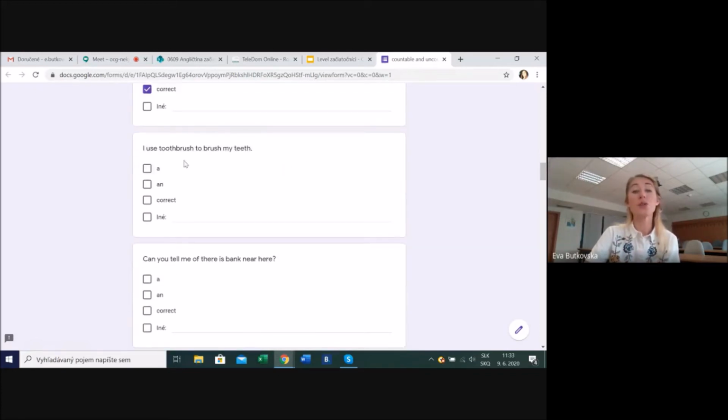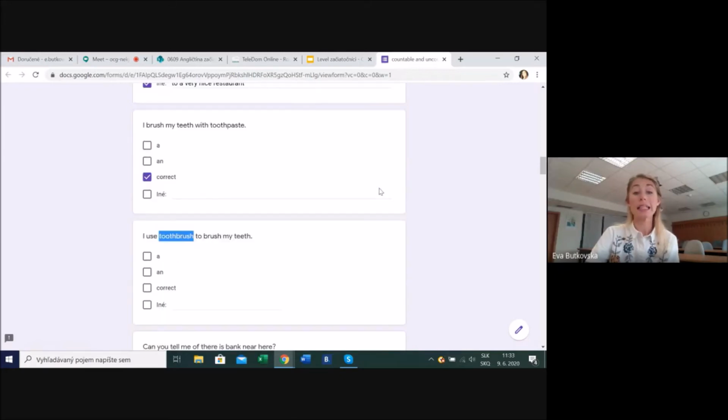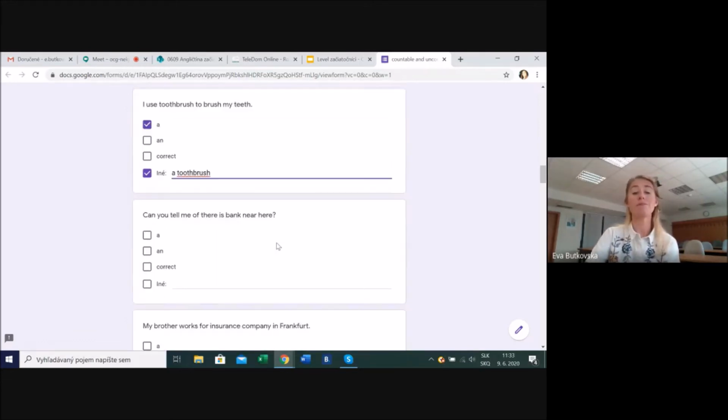I use toothbrush to brush my teeth. So think about noun toothbrush. Is it countable or is it uncountable? We can count toothbrushes, so we would say I use a toothbrush every day or to brush my teeth.